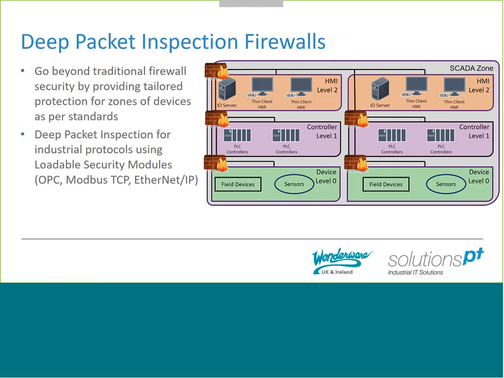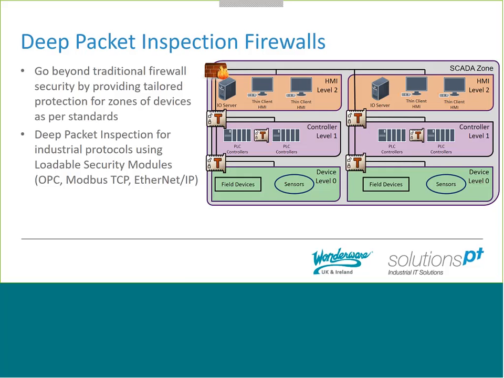So whilst we're talking about conduits, what we can also do is look at deep packet inspection firewalls. So there are devices from Hirschmann called Tofino, and they are specifically designed for the OT space. So what we do is, if we take that same SCADA architecture that we looked at earlier on, and we replace some of these firewalls with Tofino devices.